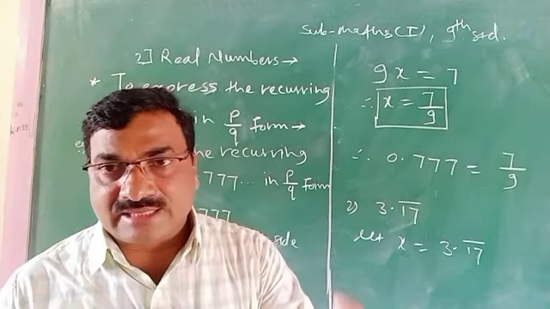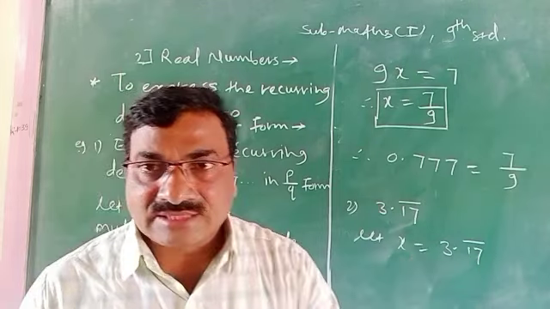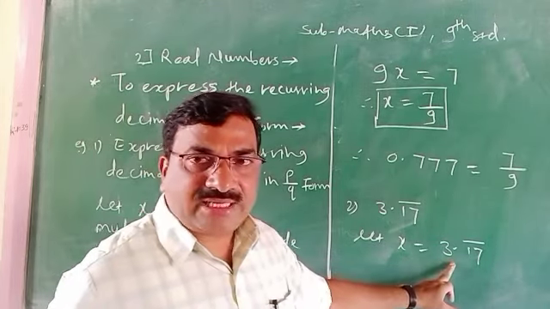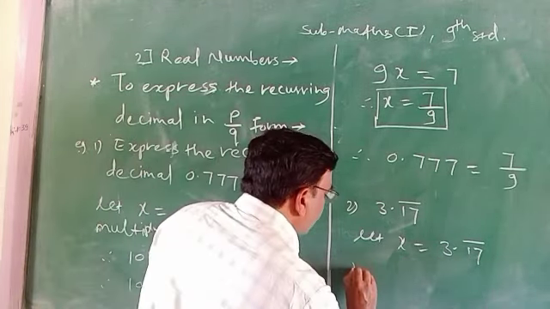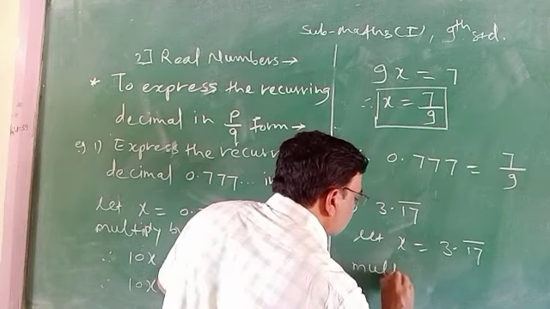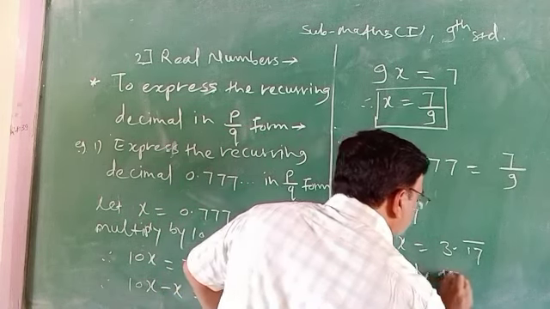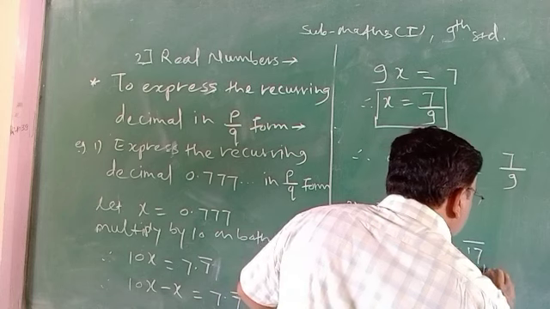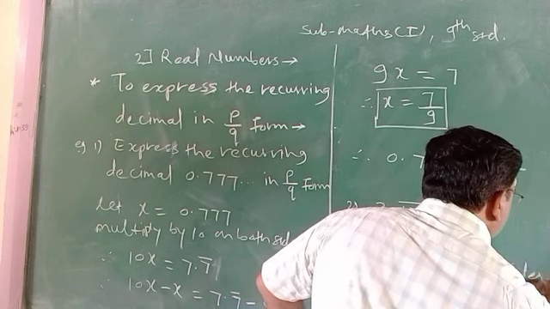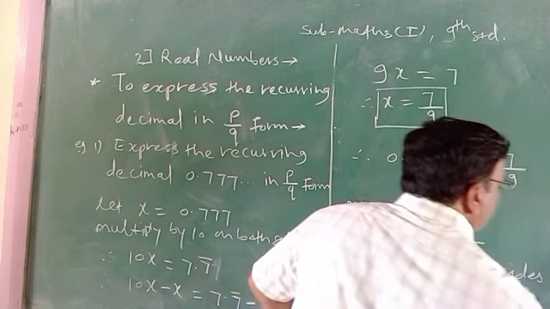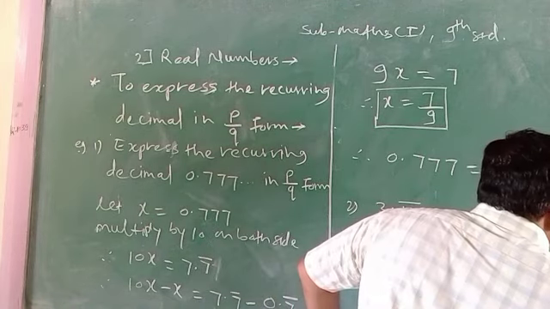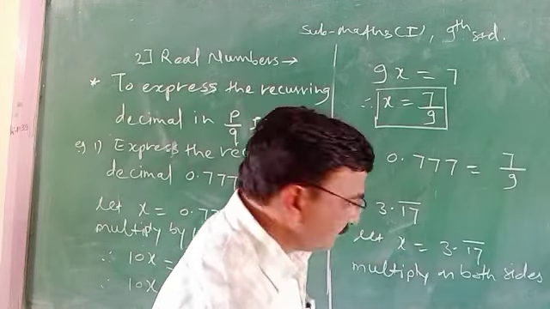Two-digit number by 100, three-digit number by 1000. Multiply on both sides by 100.